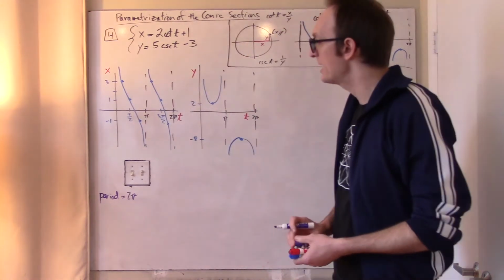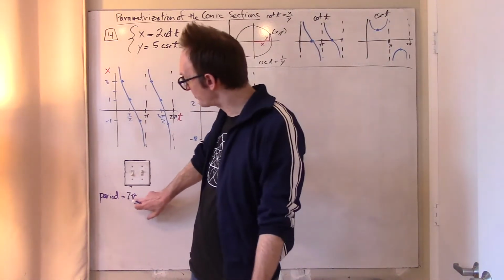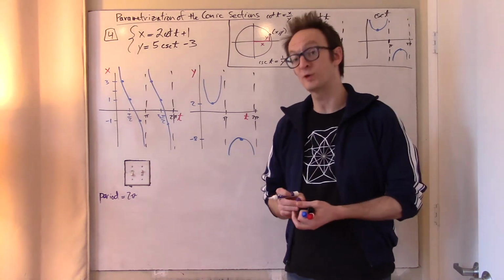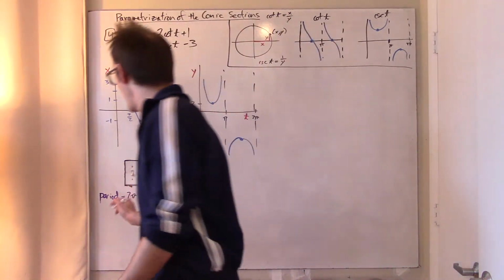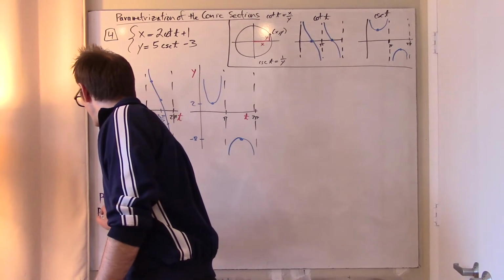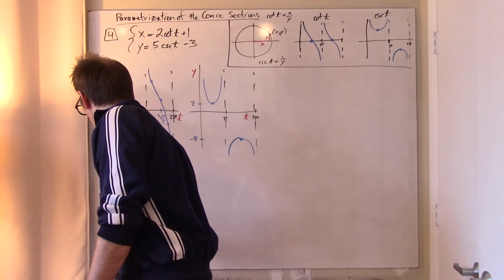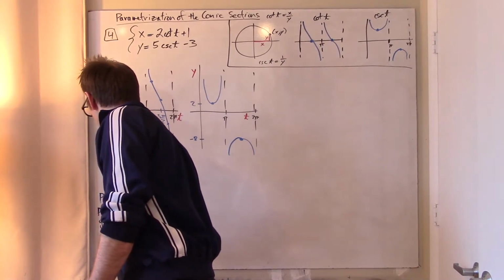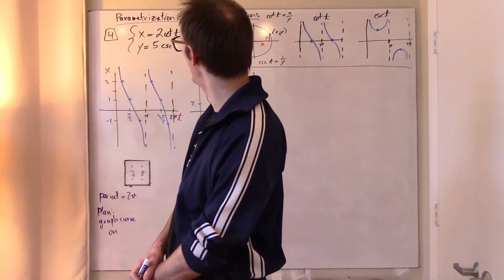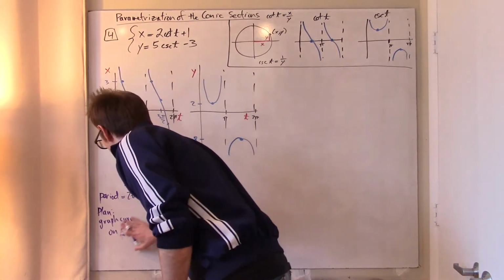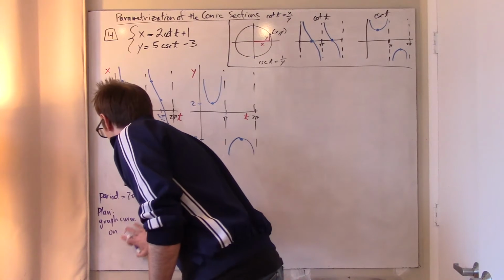And therefore, to get a picture of the path traced out by these parametric equations, I need only consider an interval of length 2 pi. And so my plan is to graph this curve on the t interval 0 to 2 pi.